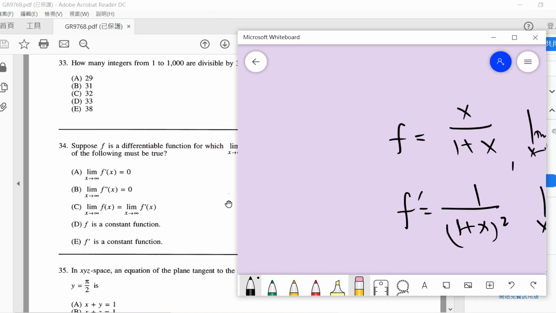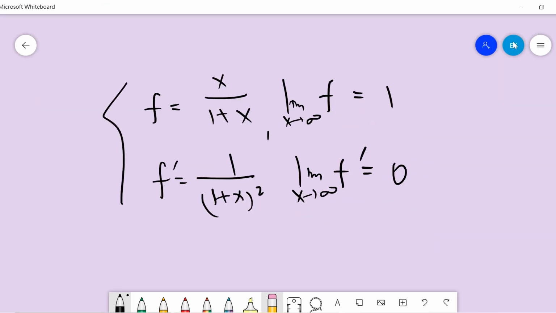So the first one may be correct, the second one is correct, and C is not correct because 0 is not equal to 1, and f is not a constant function, and f prime is definitely not a constant function. So we have these two. Which one is correct?